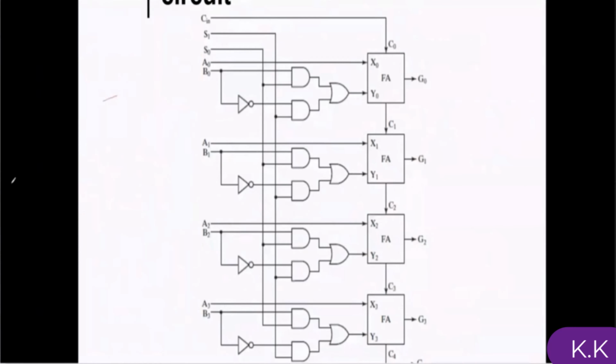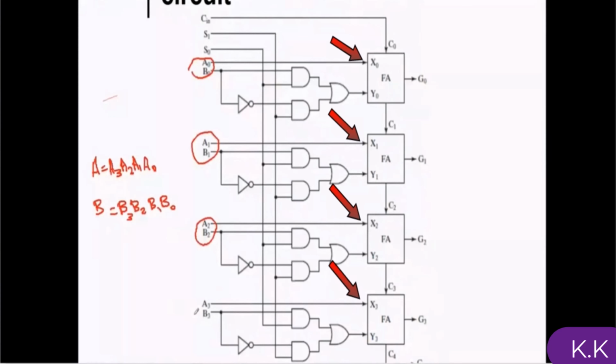So if I have 4 bits, I should use this circuit 4 times. Let me show you in the next figure. This is a diagram of a 4-bit arithmetic circuit. As you can see, we have 2 inputs A and B, so A is a3, a2, a1 and a0, and B can be represented by B3, B2, B1 and B0.